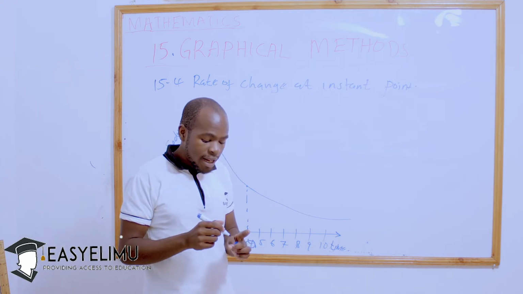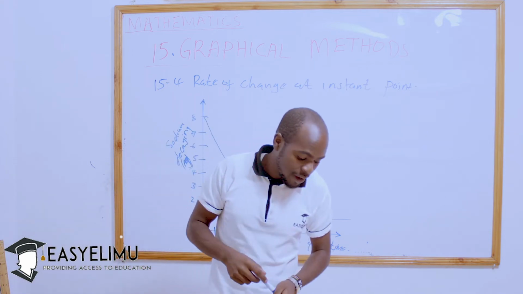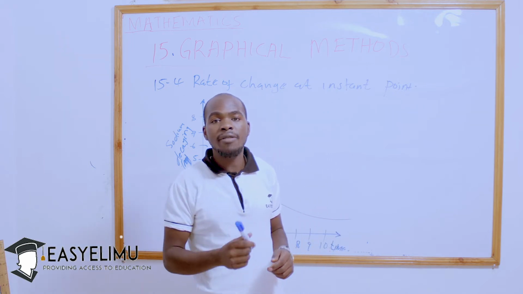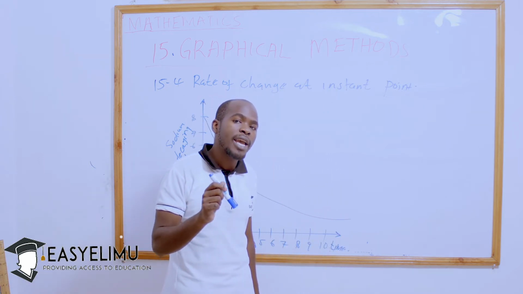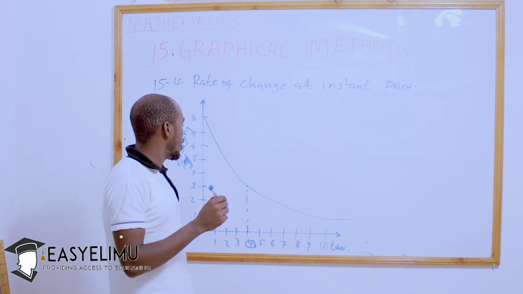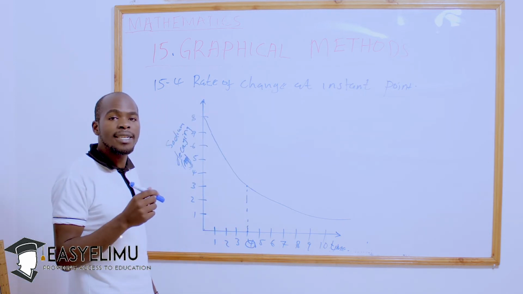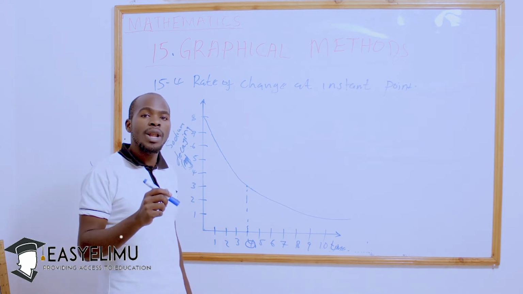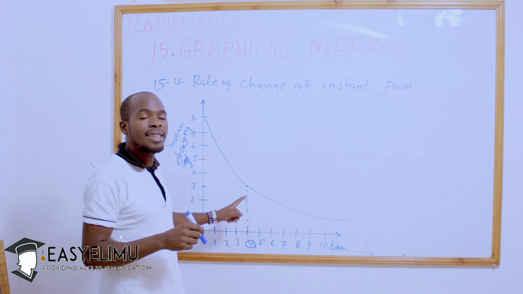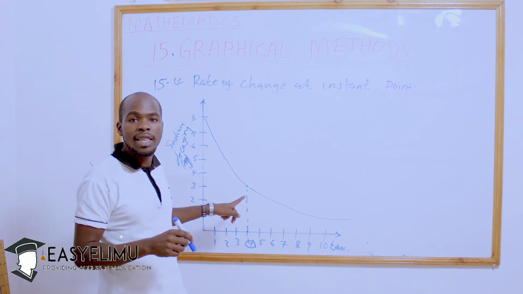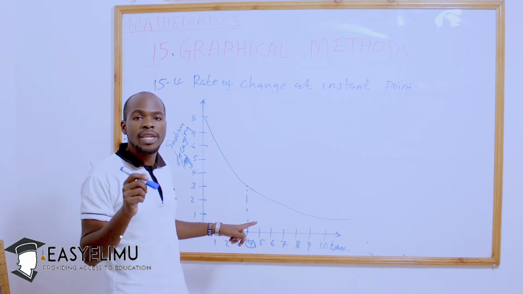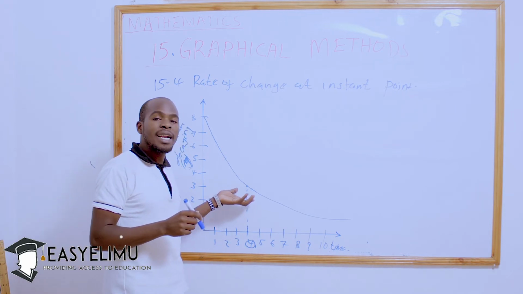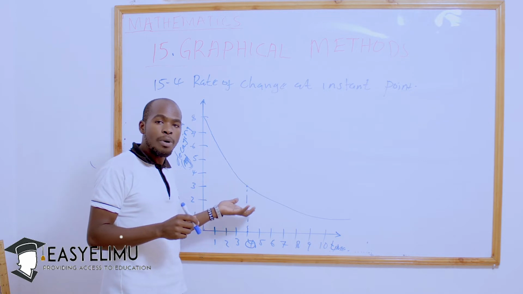So to find the rate of change at an instant point, the first thing you need to do is draw a tangent at that given point. After drawing a tangent, you will find the gradient of that tangent. If you find the gradient of that tangent, you will have found the rate of change at that given point, meaning the gradient you obtain is the value of the rate of change at that particular point.